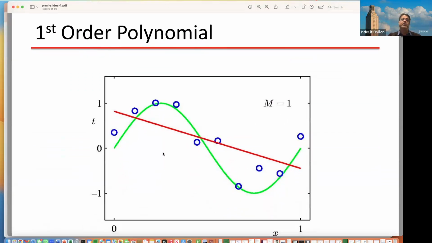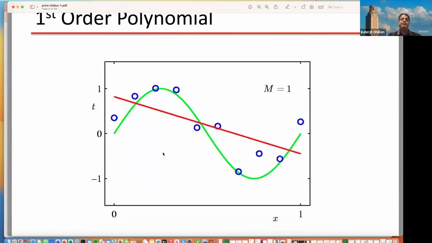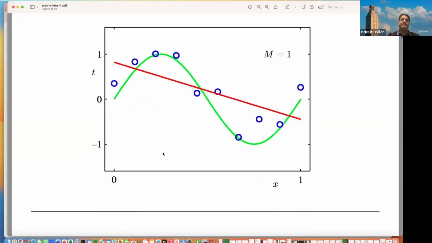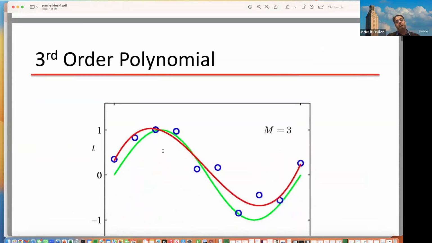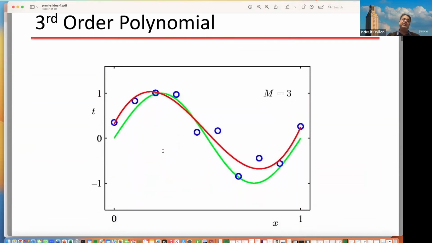That's better than a constant, but you can visually see that it's still not very good. So let's increase M to 3. You can see that it's now getting better, right? So M equal to 3 is this curve.